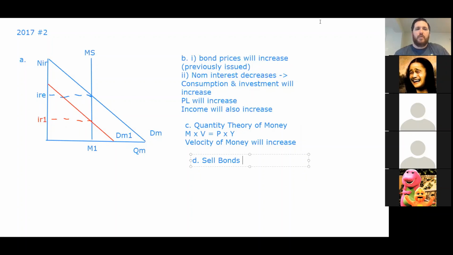Does anybody have any questions about that? Wait, so if we sell bonds, it decreases the money supply or increases? I forget. When we sell bonds, it will decrease the money supply. If you're thinking about it like this, and I actually do this all the time, I always like to pretend like I'm talking to an imaginary person.